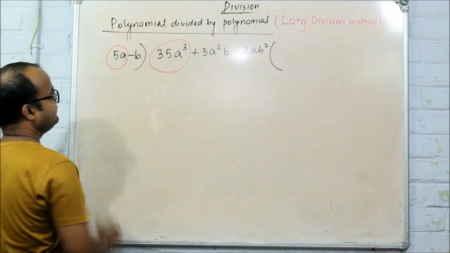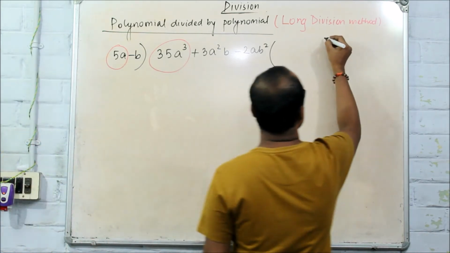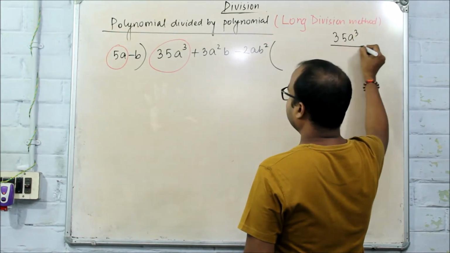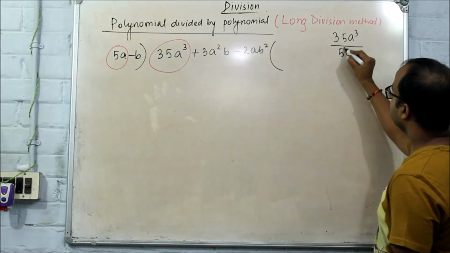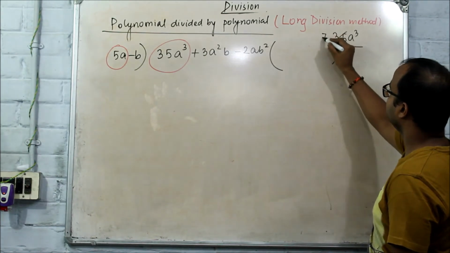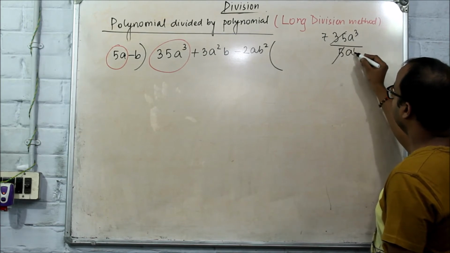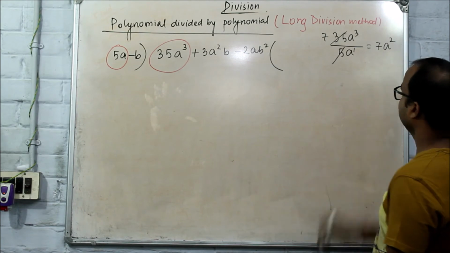Here leading term is 5a. So first we divide 35a cube by 5a. So if you cancel, 5 7s are 35, a cube by a, so it will be 7, a to the power 3 minus 1, 2, so 7a square.